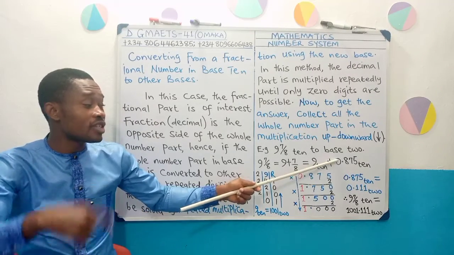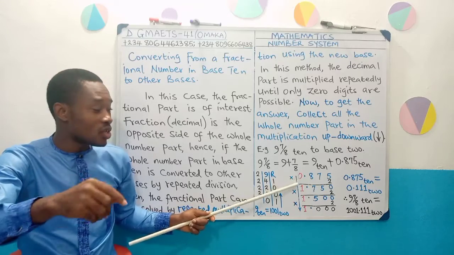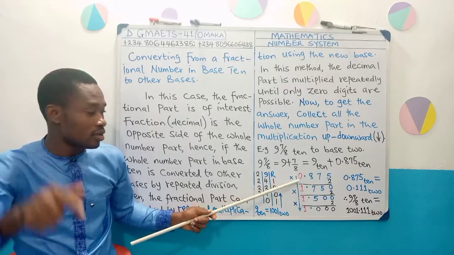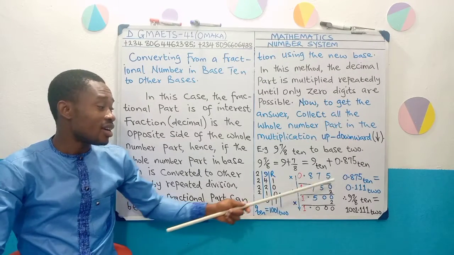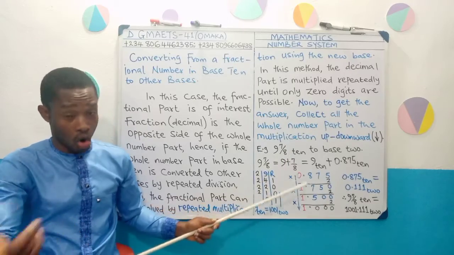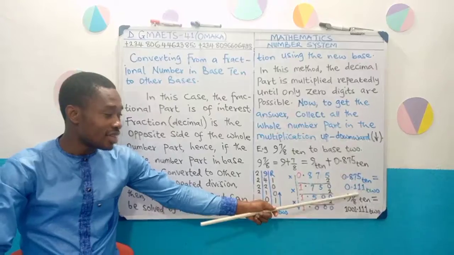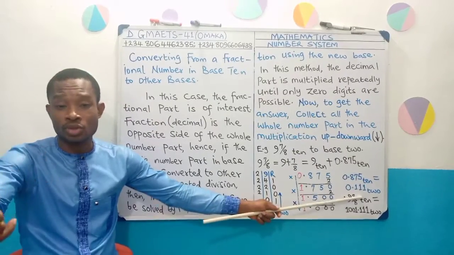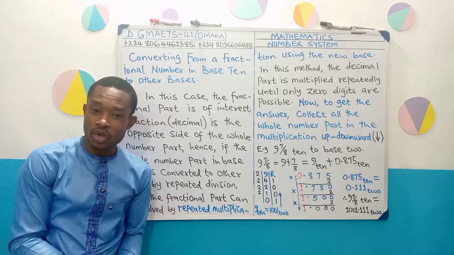Remember I told you this first 0 from the original question is special. Call it the 'follow come' 0. So you start from there, 0.111 base 2. So that's the answer for 7 over 8 base 10, or 0.875 base 10. The answer in base 2 is 0.111 base 2. So that is how you handle this kind of problem, okay?